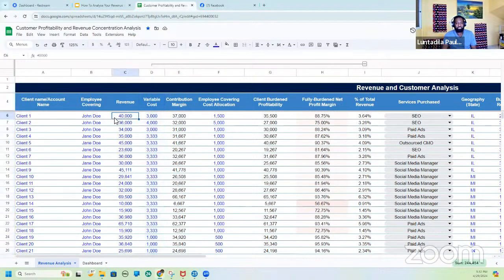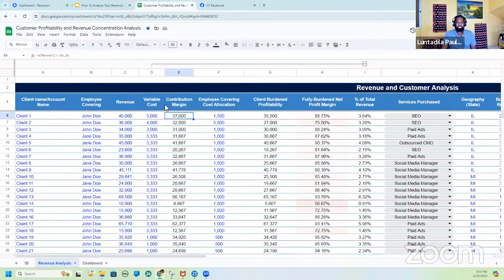For example, client one brings about $40,000 per year to the firm, and the variable cost to service this client is $3,000. That means our contribution margin for this client is $37,000. But that's not all.